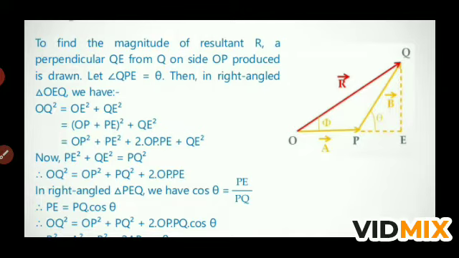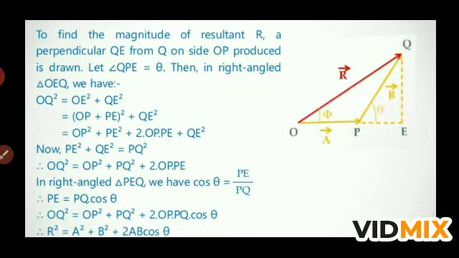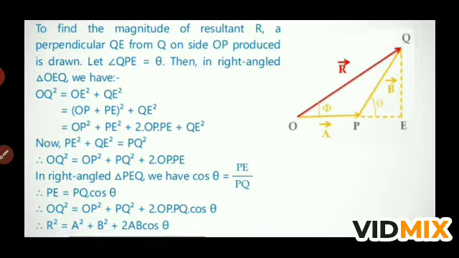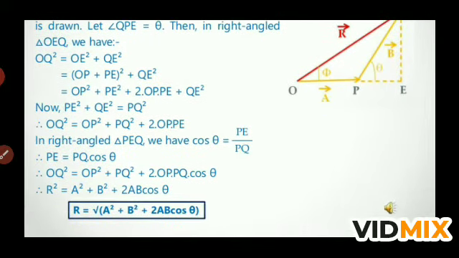Now in the right angle triangle, applying trigonometry, cos theta is PE upon PQ, so PE is equal to PQ cos theta. In place of PE we use PQ cos theta. So OQ square is equal to OP square plus PQ square plus 2 OP PQ cos theta.